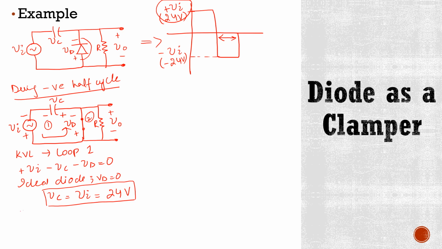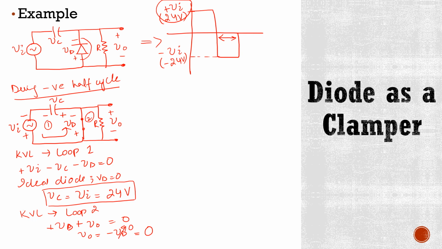Now what will be our output voltage here? We apply KVL in loop 2. It means we have plus VD plus V0 is equal to 0, so V0 is equal to minus VD. We know that VD is 0 because we assume that this diode is ideal.